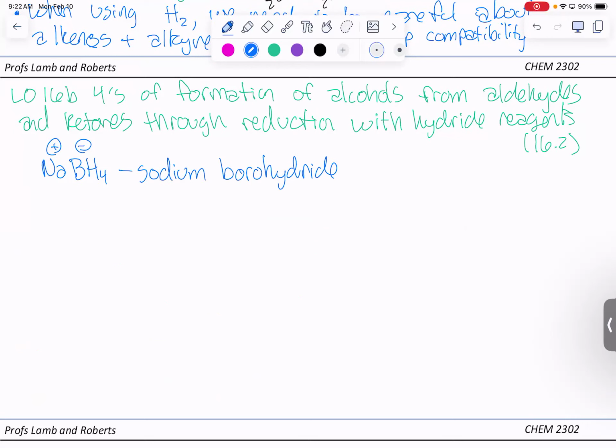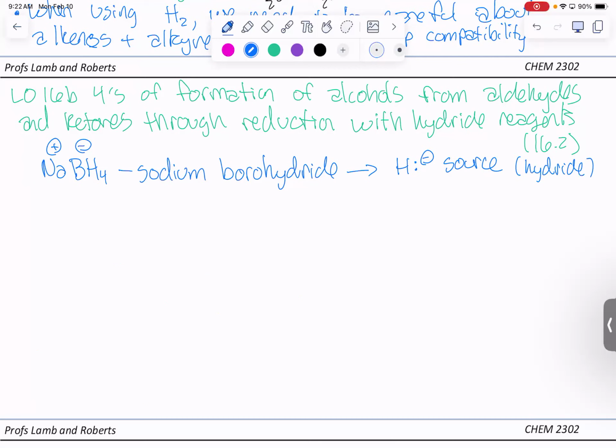It is negatively charged, right? Just like we had 4 bonds of carbon, we go 1 element over, we only need 3 bonds. All right, sodium borohydride is the source of H minus. It's a hydride source, not proton. This is a point of confusion every single year on exams.